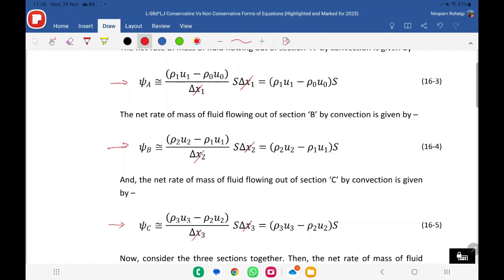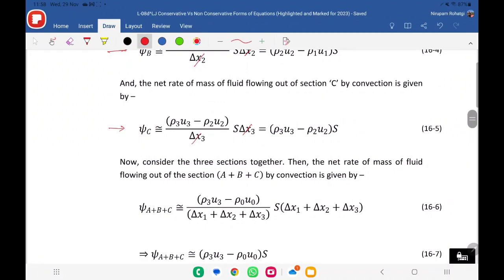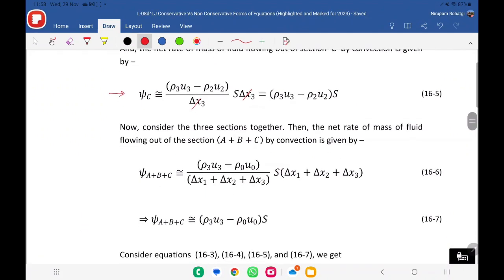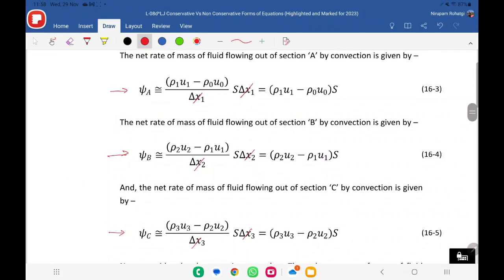So you have these three equations telling you how much of mass is flowing out from each cell, each element, okay. Now you can say that the combined mass which is going out is this much. You add all this, you will find that this will cancel out with this and this will cancel out with this.